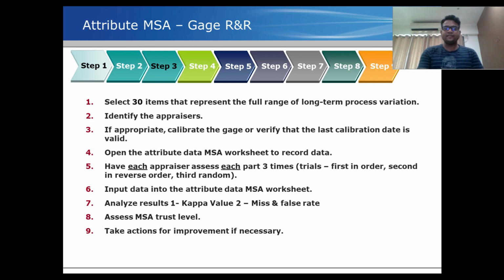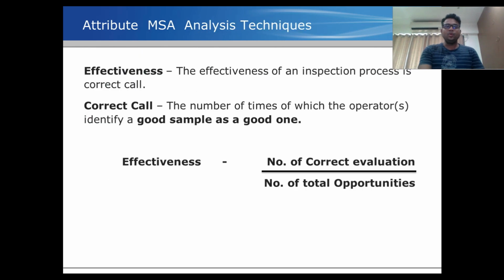So guys, there are some key terms we have to know before performing MSA of attribute data. The first one is effectiveness. Effectiveness measures how many times a good sample is called good, or a bad sample is called bad, by the operator. It means how many times he says a good sample is a good one.